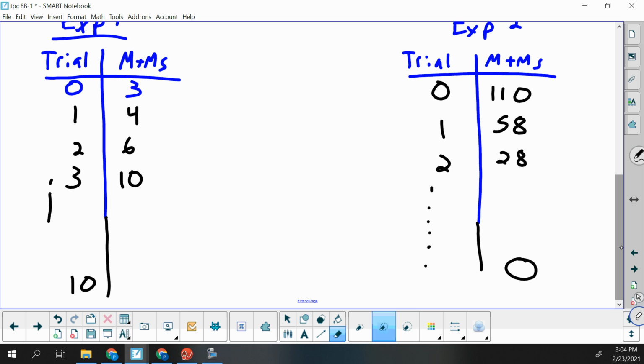Once you've done your 2 t-tables and collected that data, you're then going to use the graph paper that was in your folder, in the envelope I gave you. There are 2 pieces of graph paper. You're going to graph each of these on one of the graph papers.